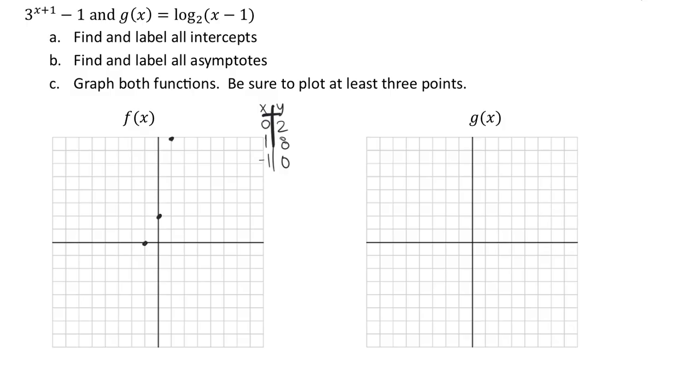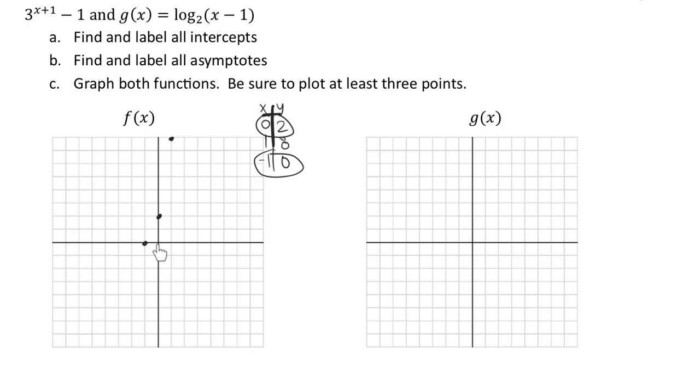We also need, for part B, so this is the answer to part A. Part A is 0 comma 2. That's the y-intercept. The x-intercept is here. Now, the asymptote for an exponential function, remember the asymptote is horizontal.